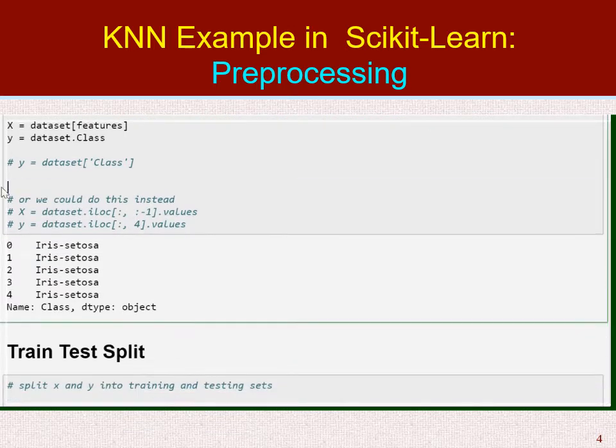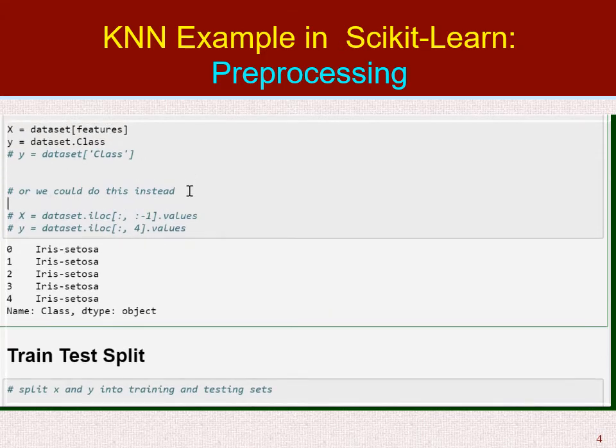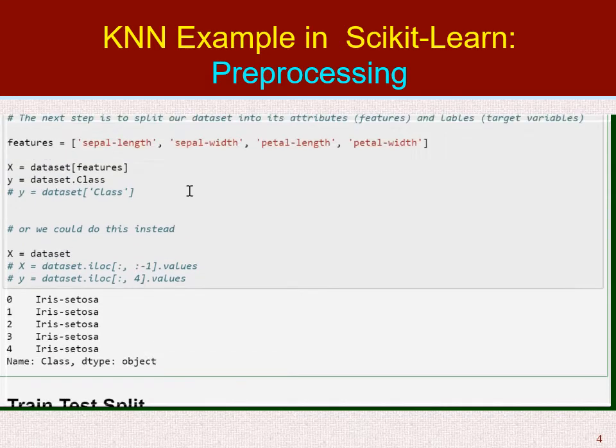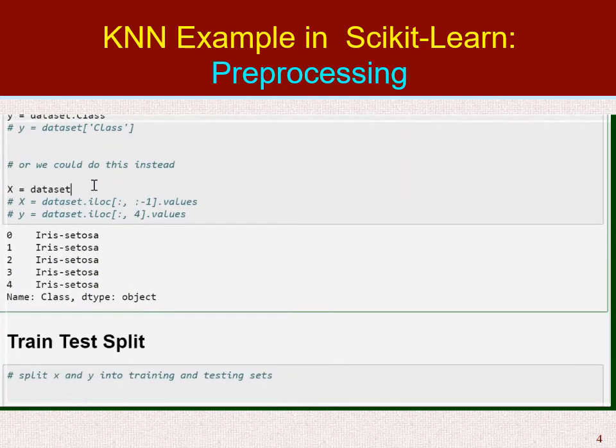Now we have split our data into independent and dependent variables. Another way that we could do this is like this. X would be equal to our data set, and if you look here, the first 4 columns are the features and the last column is class. So we use iloc, with all of the rows or samples and only the first 4 features.